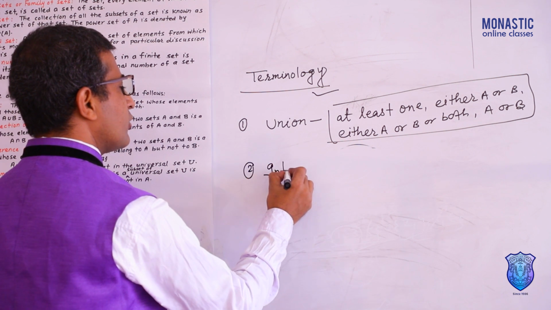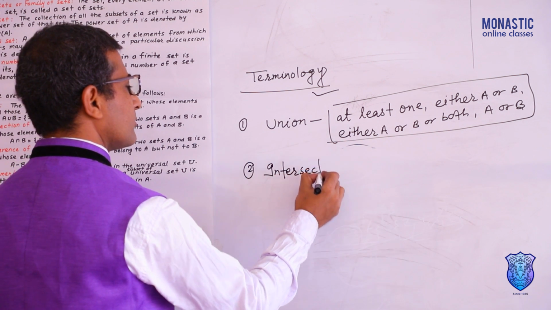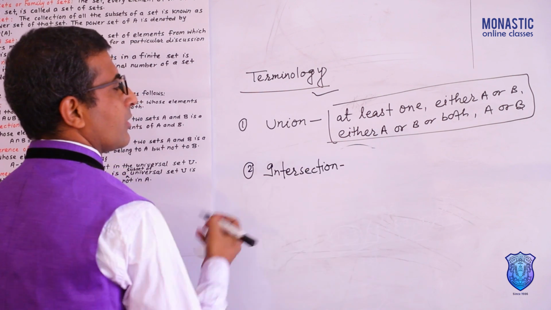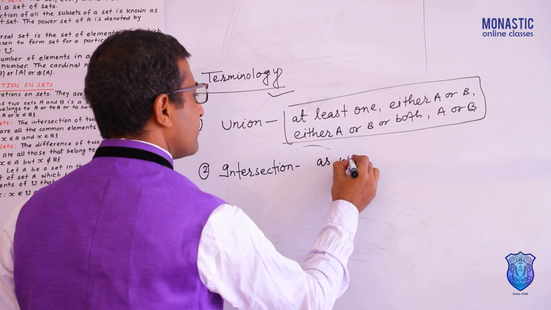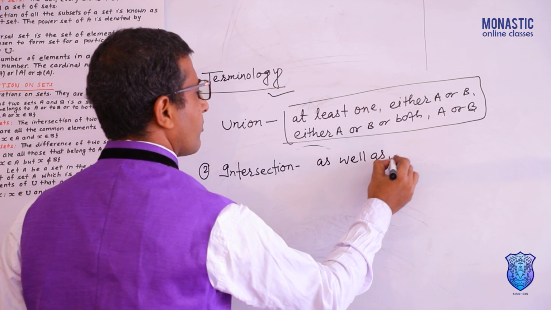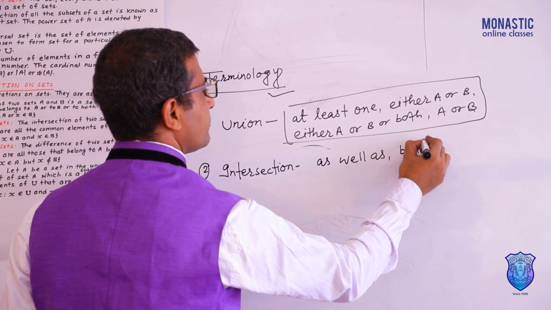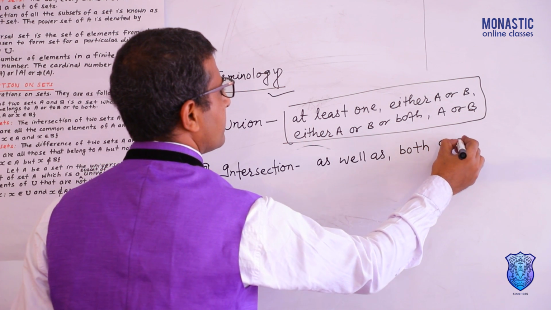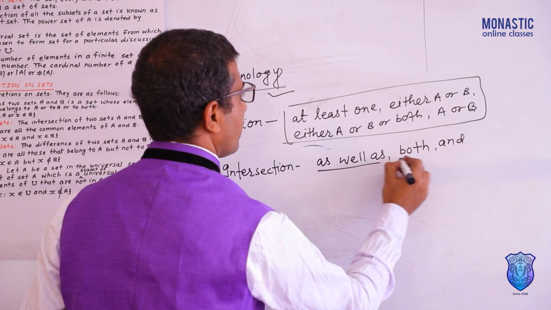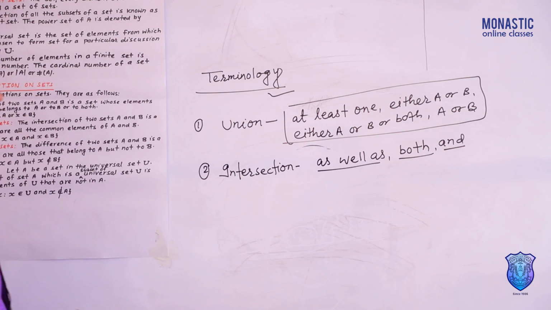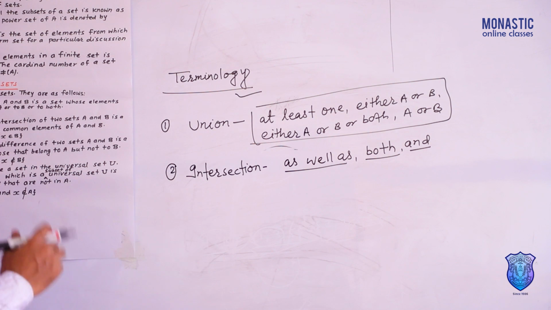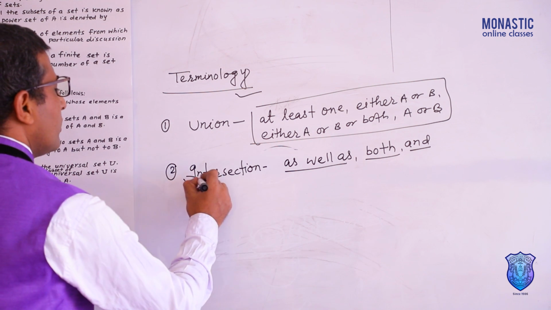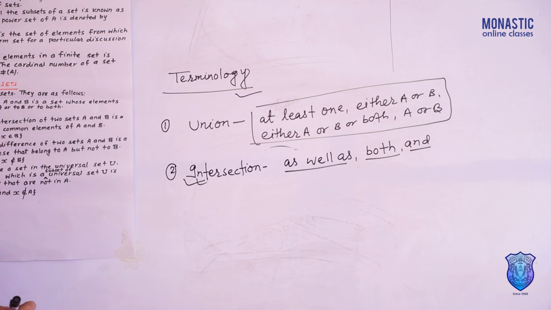Then for intersection, we will use: as well as, both, and. These are all for intersection.